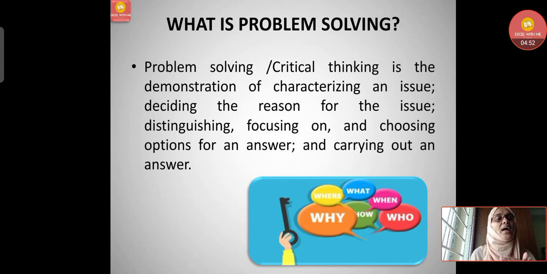That is, what is the reason for it, when it happened, who was the reason for this, where it happened, characterizing an issue. That means what is the cause of that issue, deciding the reason and distinguishing whether it happened correctly or not, and then focusing on the issue and choosing options to get a proper answer and carrying out that answer. That is problem solving.